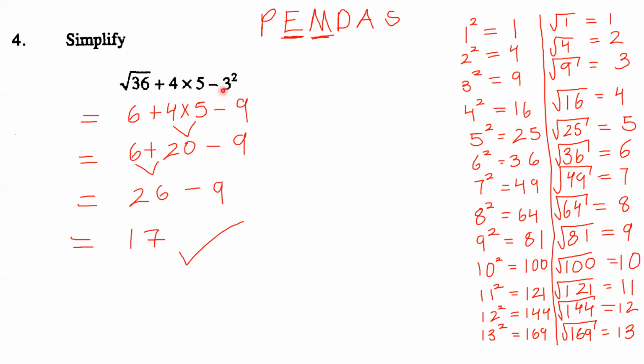Then we do the square number for 3, which is 9. Then we multiply 4 times 5, which is 20. Then we add 6 plus 20, which is 26. Take away 9, which is 17.